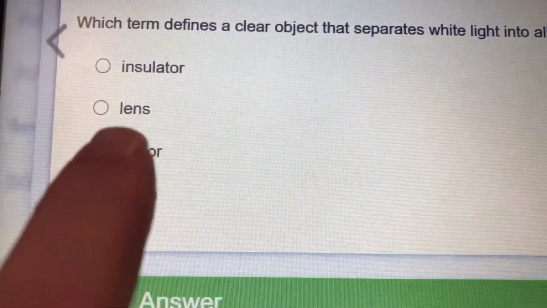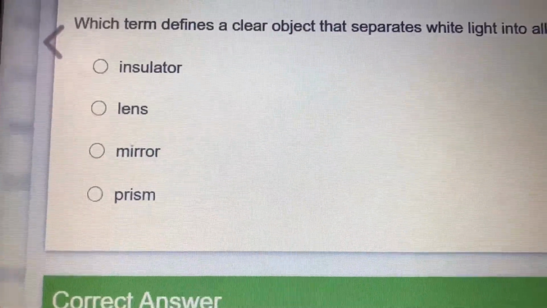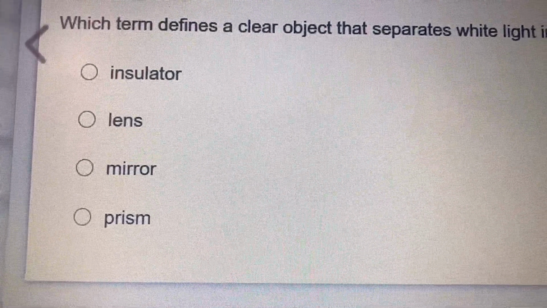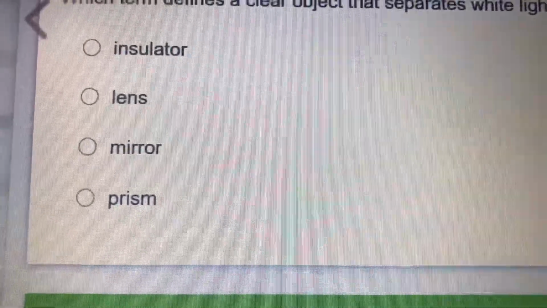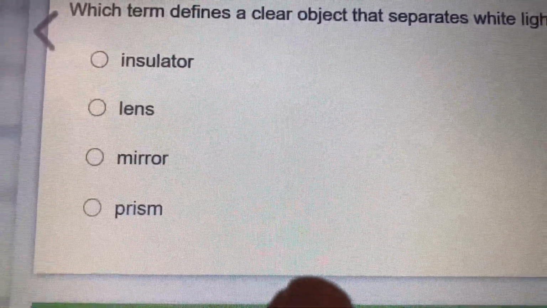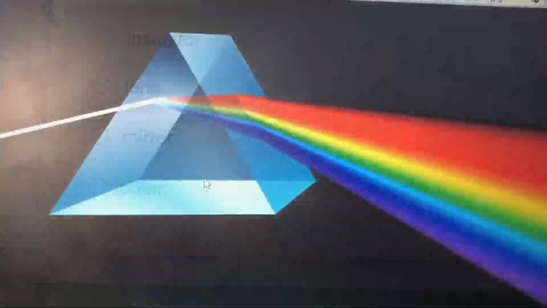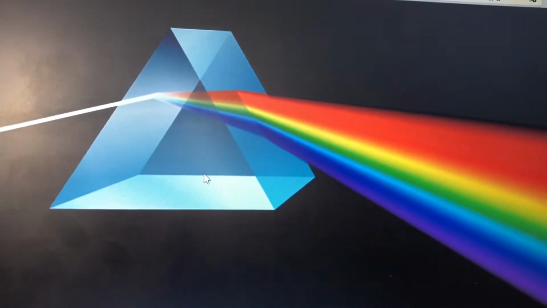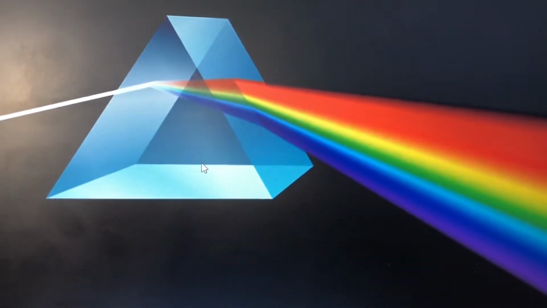So it could be a lens, because lenses do refract, but what is the object that separates light into the rainbow colors? Well, that is a prism, okay? A prism. Remember that. A prism separates light into the colors of the rainbow, into the colors that the human eye can see. All right, let's do one more question.